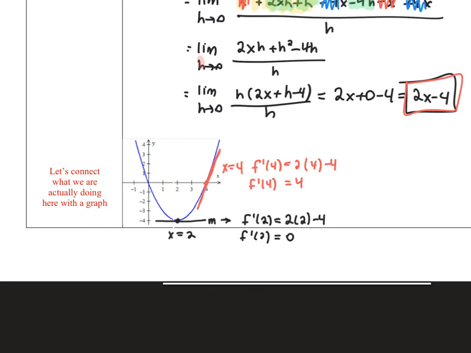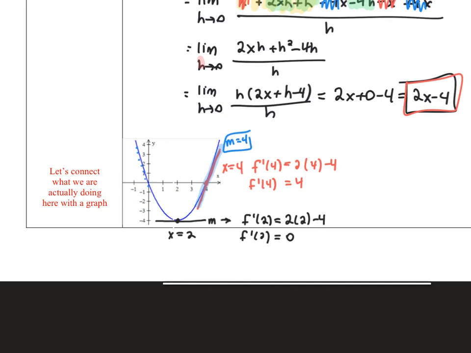So what that means is right here, where I drew that tangent line at x equals 4, the slope of that line is 4. And you could do that with any point, because as I pick points along this parabola, when I do tangent lines, they will all have a little different slope.